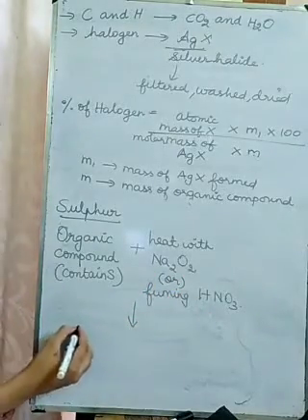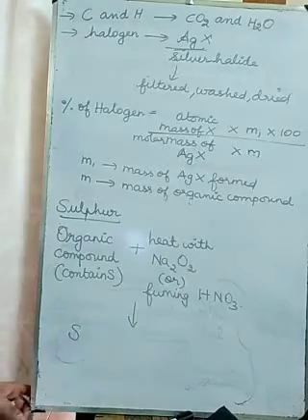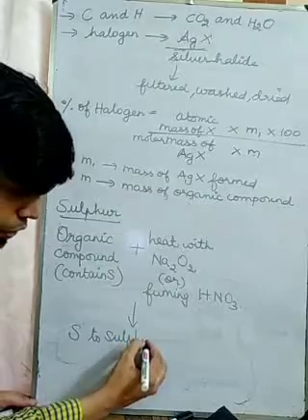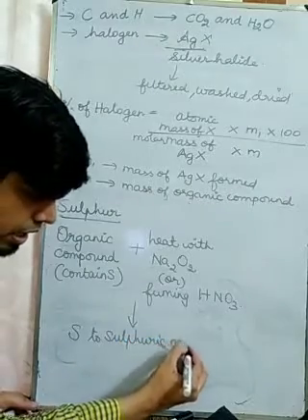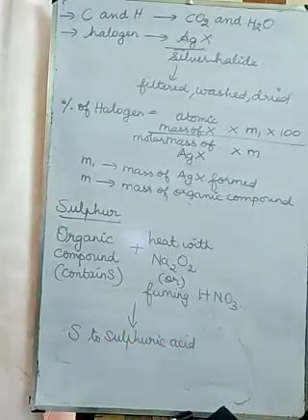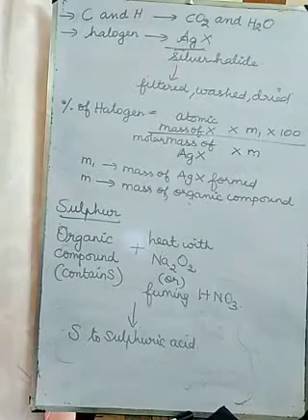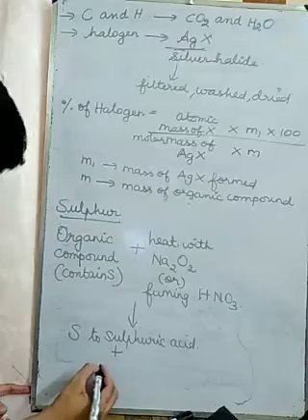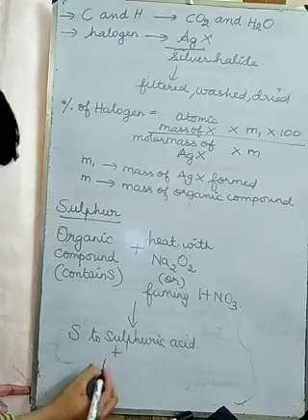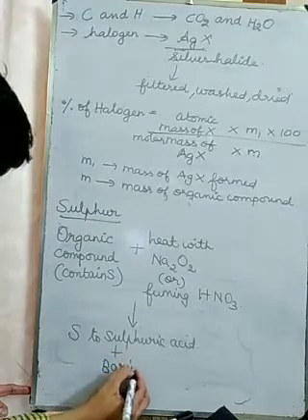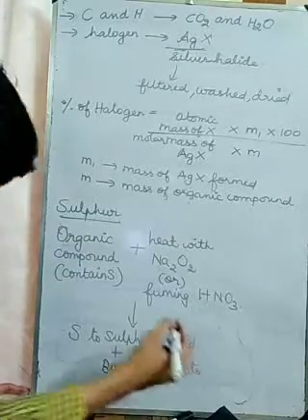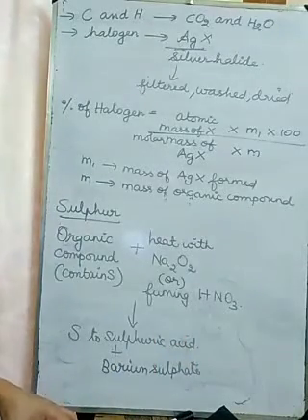So what will happen? The sulfur which is present is converted into sulfuric acid. This sulfuric acid is treated with barium chloride.